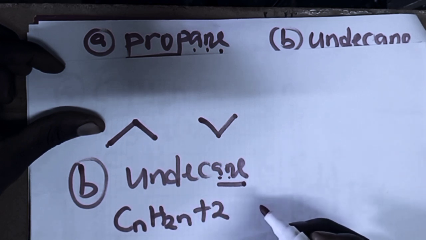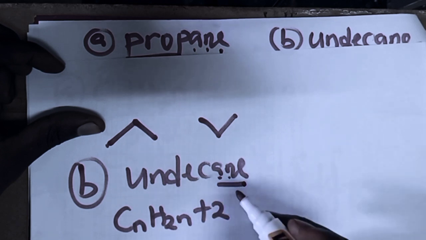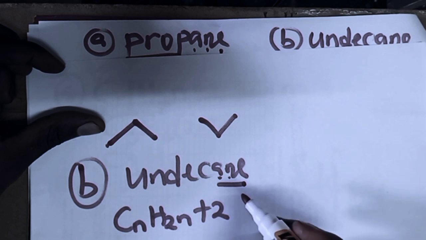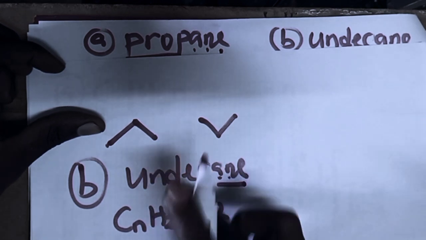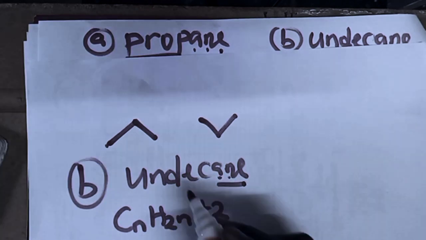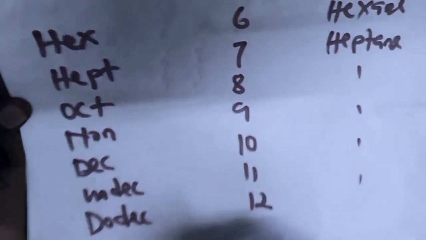Because alkanes have a suffix of A and E. And the formula for alkanes is this one. How many carbons are in this alkane? Whenever you see alkane, you go back to the drawing board. Okay, you check where we're writing things. Alkane, it's just here.